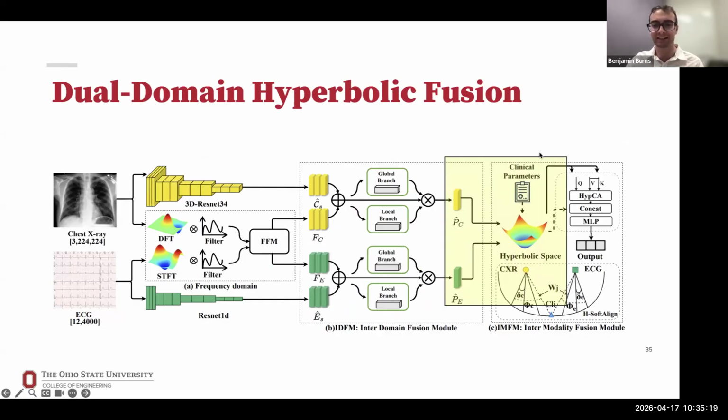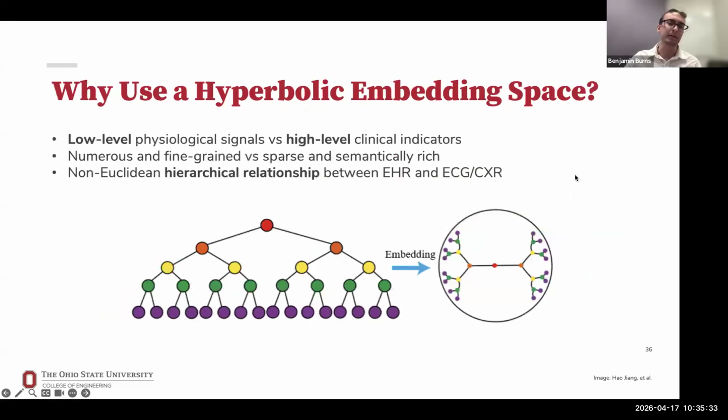The second key idea is using a hyperbolic embedding space in order to fuse the high-level clinical parameters with the more low-level chest X-ray and ECG information. And this one is a little bit harder to explain in a general way. But the key idea here is that these high-level clinical parameters are indicators for which we may observe supporting evidence through the low-level physiological signals captured in the ECG and CXR data.